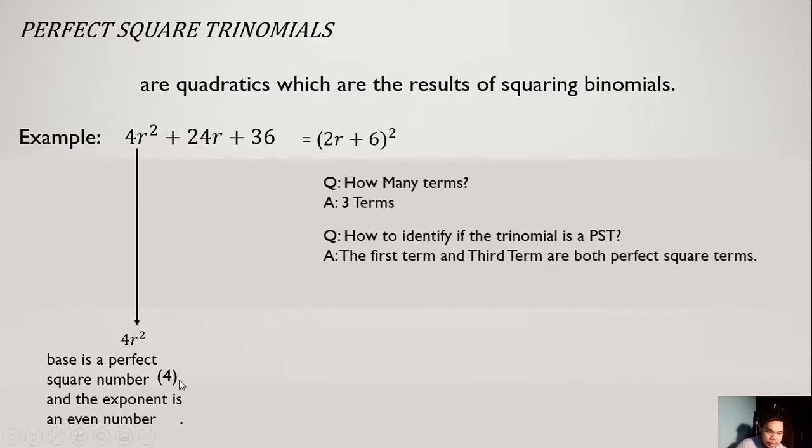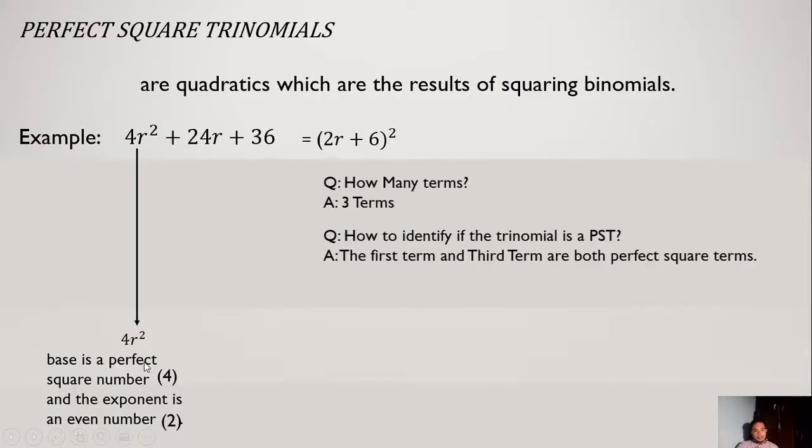So that is a perfect square number. Then the exponent is 2, which is an even number. So when the base of the term is a perfect square and the exponent of the term is an even number, then the first term is a perfect square term.